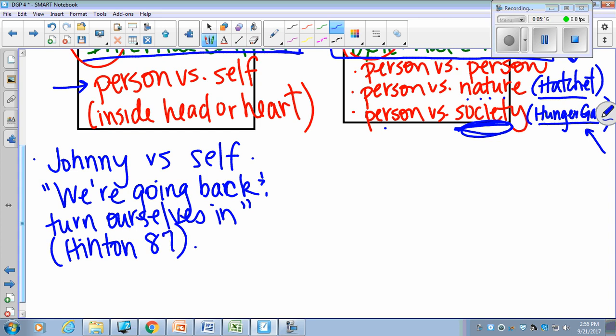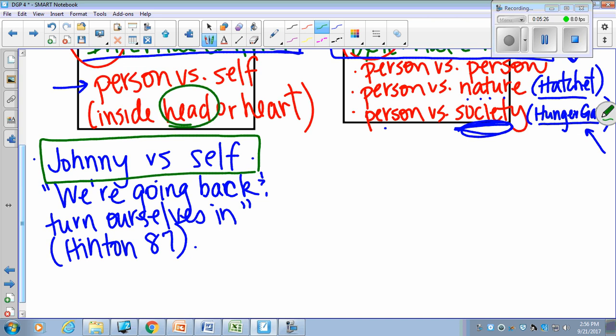And notice I put the period there at the end. So you've got a person, in this case the character Johnny, and his decision. That was something he had to make in his head or in his heart. These are not things he is going to solve with his fists. This is a decision with his head, or a change of heart.